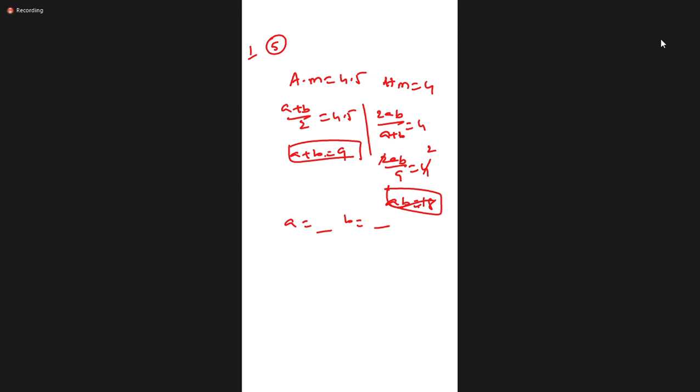So we should do like a minus b whole square is equal to a plus b whole square. Anyway, b is equal to 9 minus a. Substitute here, simplify.